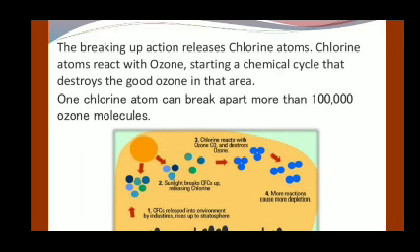The breaking up action releases a chlorine atom. The chlorine atom reacts with ozone, starting a chemical cycle that destroys the good ozone in that area. One chlorine atom can break apart more than 1 lakh ozone molecules.